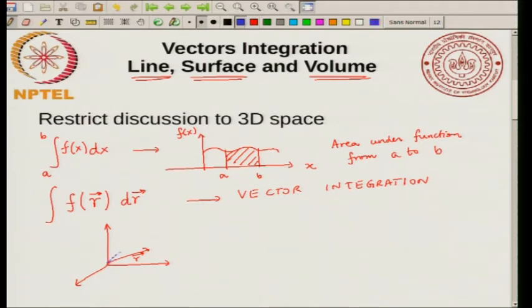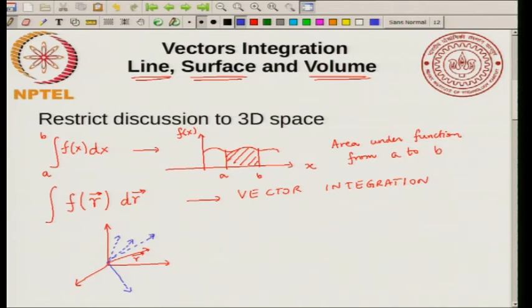For example, it can point this way, this way, this way, or in this direction. All these are various possibilities for this vector R. And now, what do you mean by integrating over a vector? That means you have to integrate over a range of values of R.